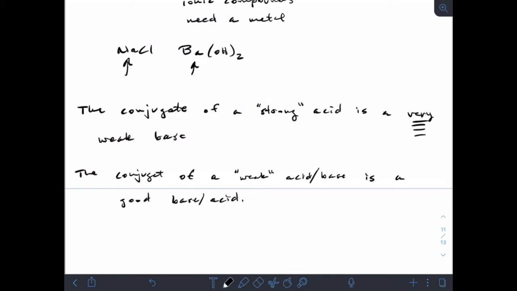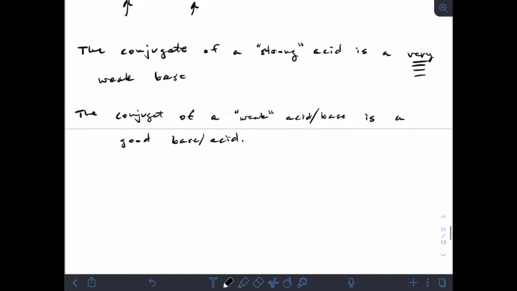So how do we determine what the effect is of a salt? Because we're not necessarily talking about acids or bases. We can do a qualitative assessment of how a salt will affect pH, because they often do. Your strategy is to dissect the salt.